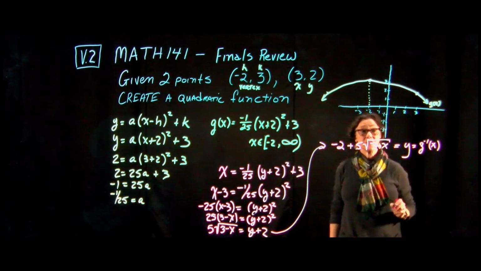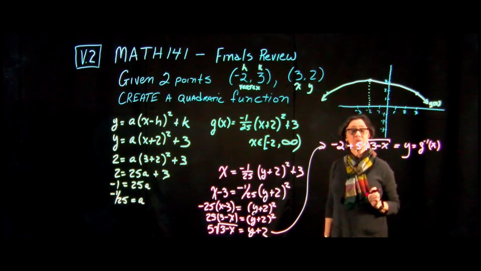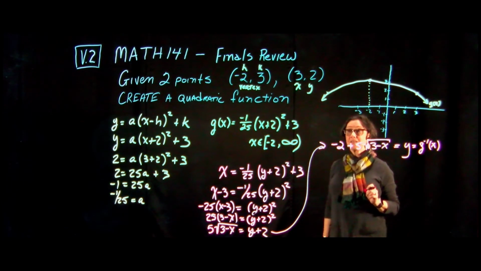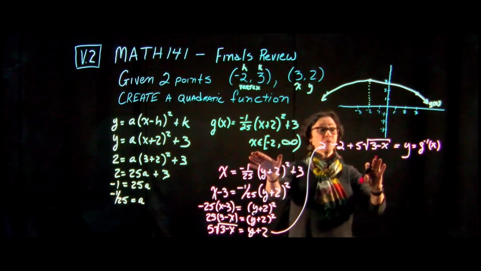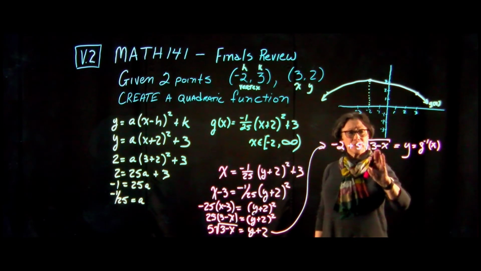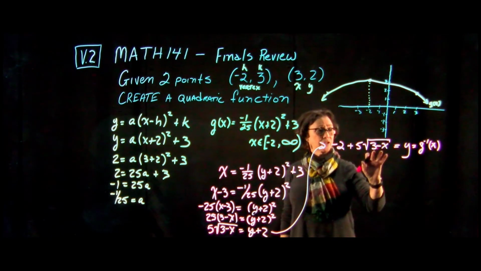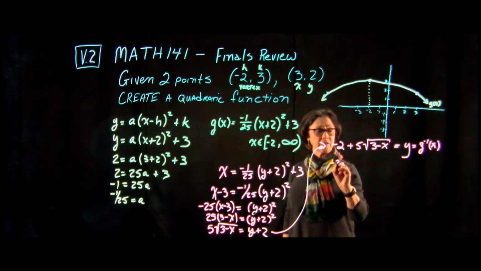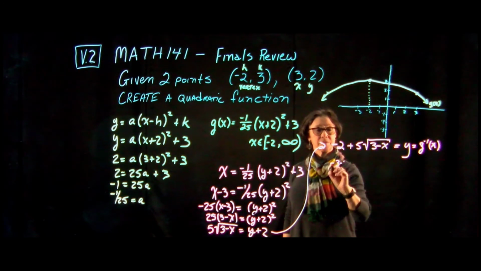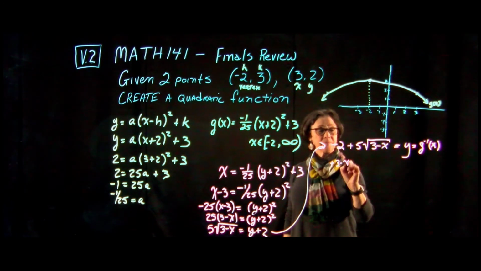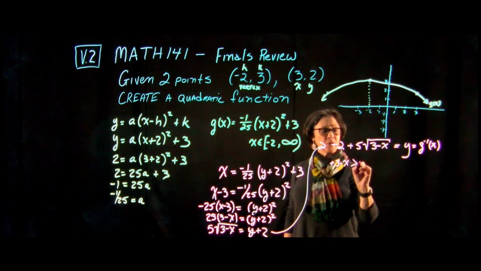But when you're given an inverse function, you really should also indicate the domain for that function. And in order to do that, a square root cannot have a negative underneath it. So we're going to take the term underneath the square root sign. Sorry, that's a positive 3. And we want to make it greater than 0.